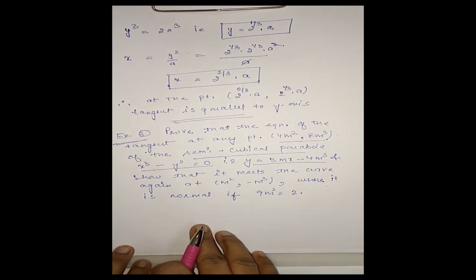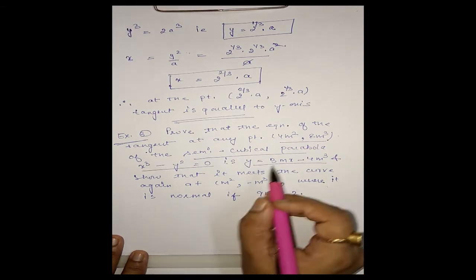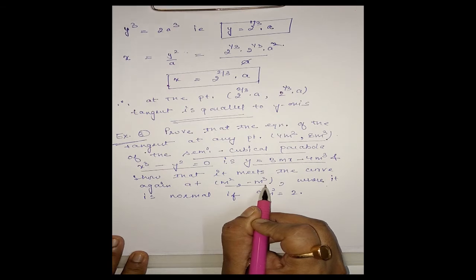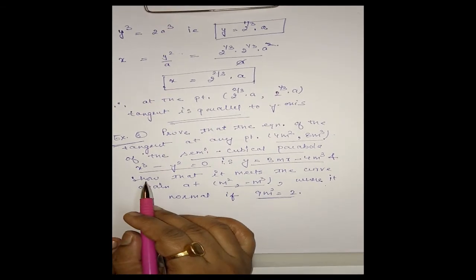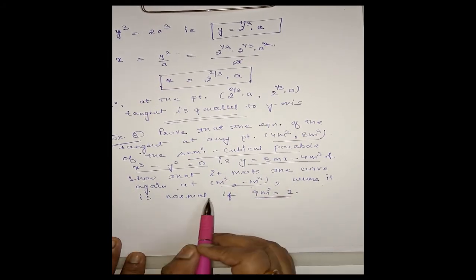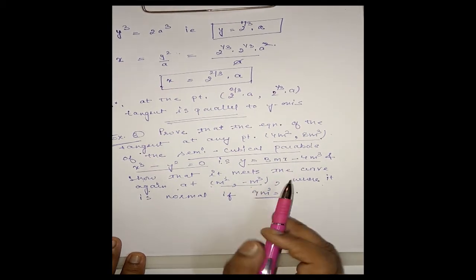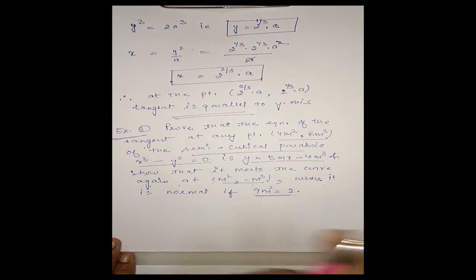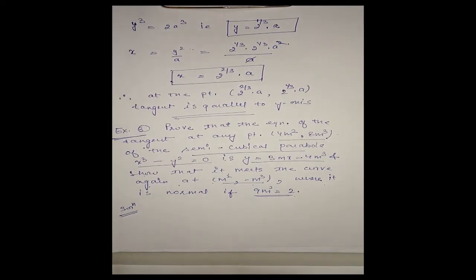In the second part, we have to show that this tangent is the normal to the curve at the other point if this condition holds. That is what we have to prove. First we start with the tangent.